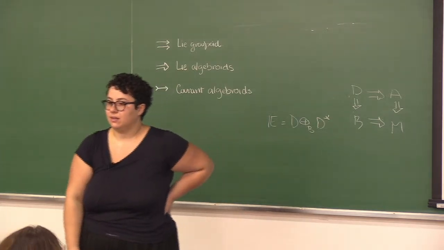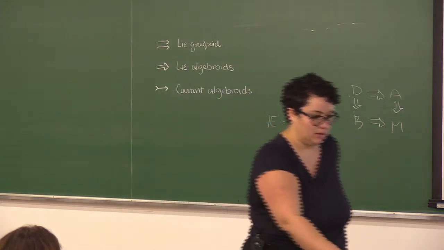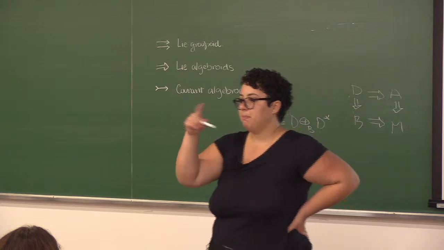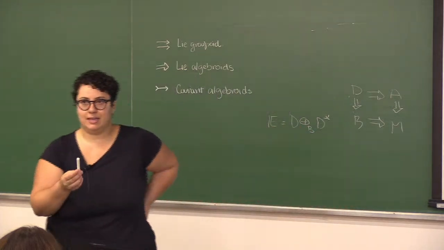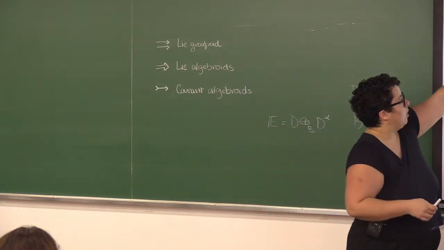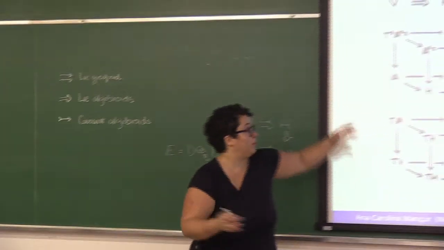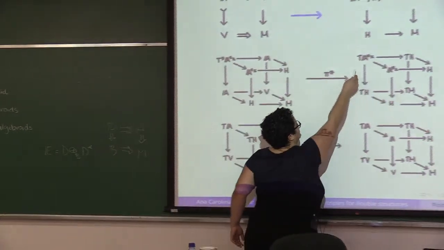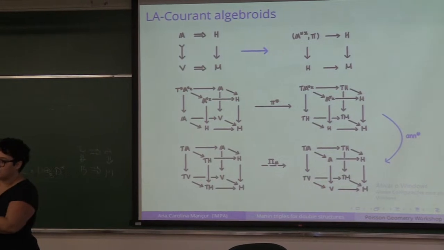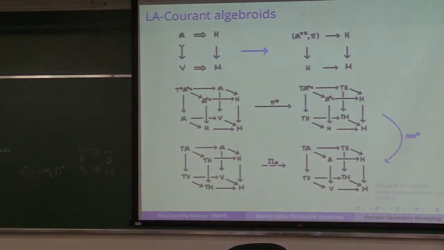From A star to T. A star to T. No, but this map is a kind of part of this relation here, because on the other side, we have this map between this and this, and on the other side, some maps will be the anchor, so something like that will appear.